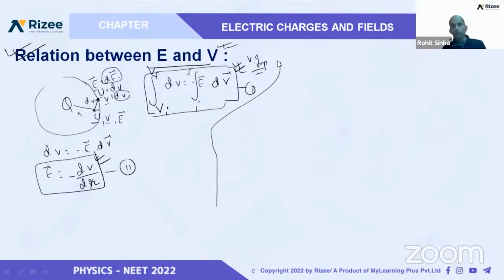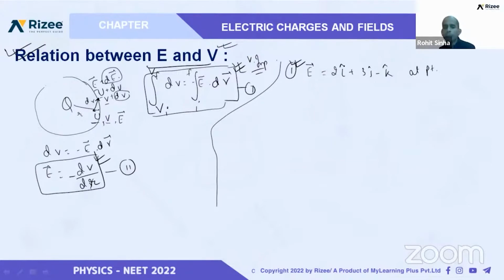Nice. Now let us discuss some questions. You know integration now? Now the first question, a very important question. Suppose it is given that the electric field is 2 i cap plus 3 j cap minus k cap.